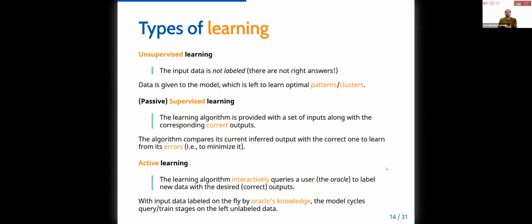So how can you learn your algorithm? What are the main types of algorithm that can be of interest for us today? There are mainly three, and the first one is unsupervised learning, in which you provide data that are not labeled. So you provide only the data as they are, and the learning strategy is to find similarities and correlations within those data.